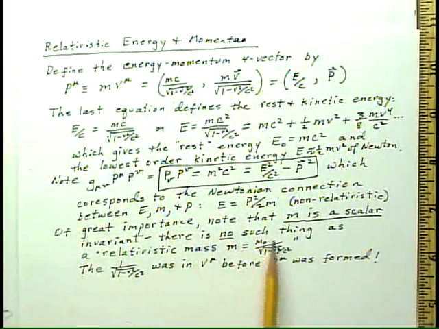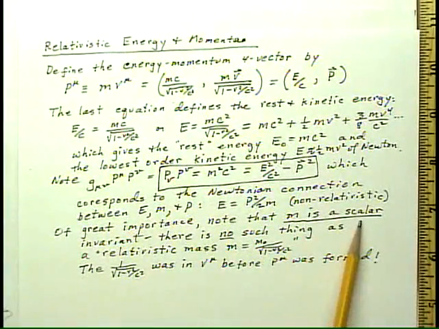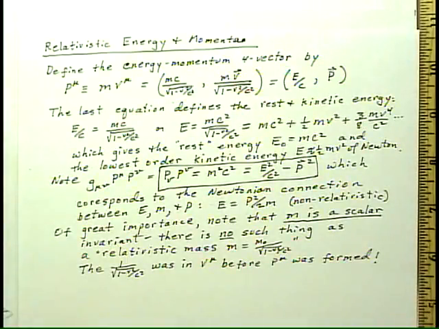It is of the greatest importance here to note that the mass is a scalar. One of the most universal mistakes that's made in trying to understand relativity is to think that the mass has associated with it the square root of 1 minus v squared over c squared, and this is called a relativistic mass. There is no such thing as a relativistic mass.